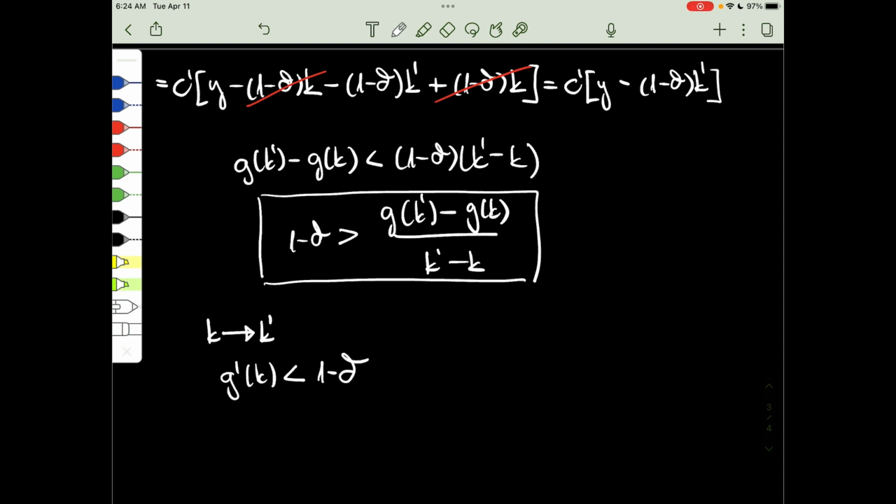So now you can say that with some really simple analytical tools, we can characterize the policy function quite strictly.